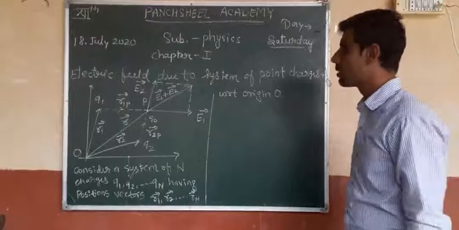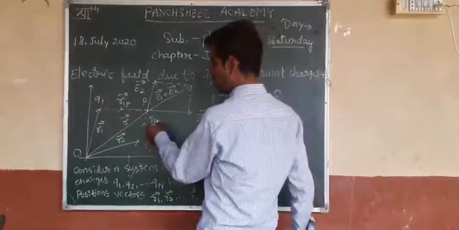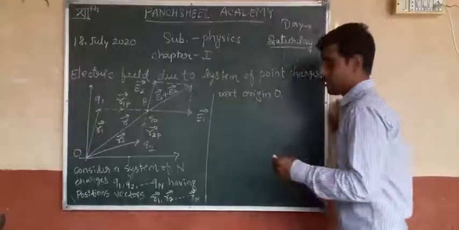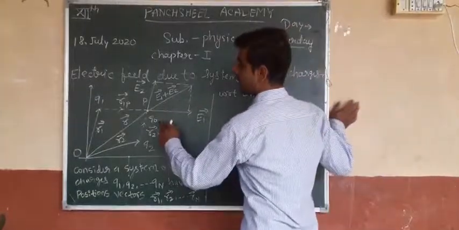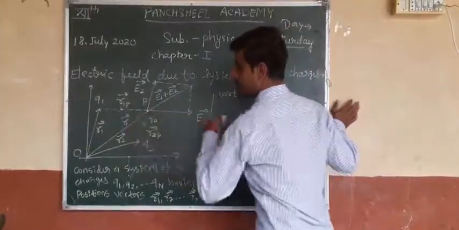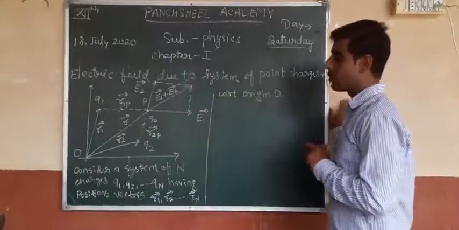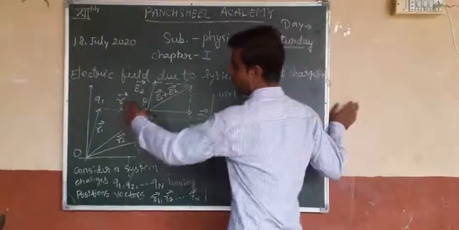Now here Q naught and Q1 are the charges, and there is an electrostatic force between these two charges, Q naught and Q1.